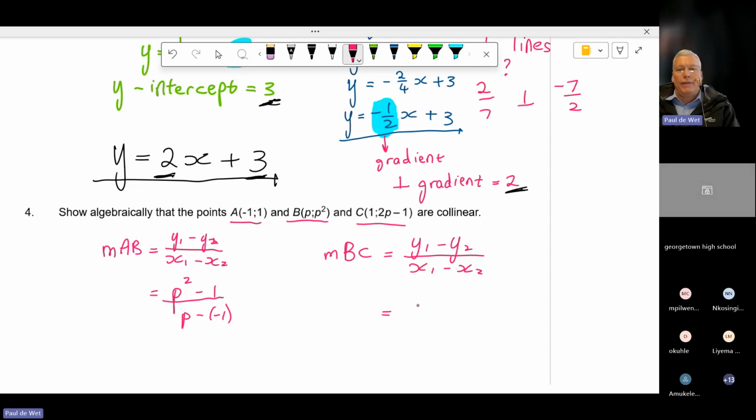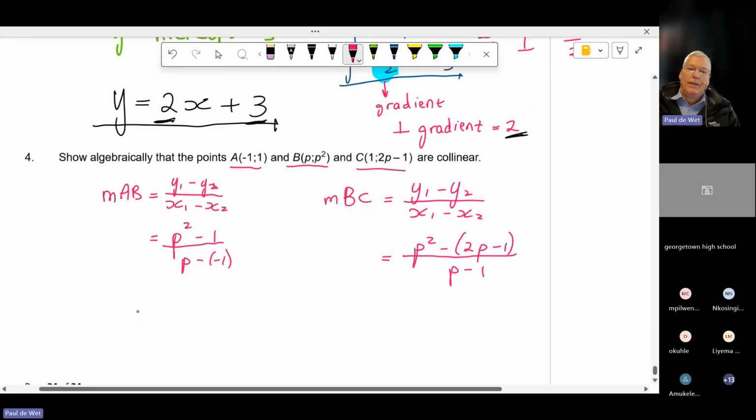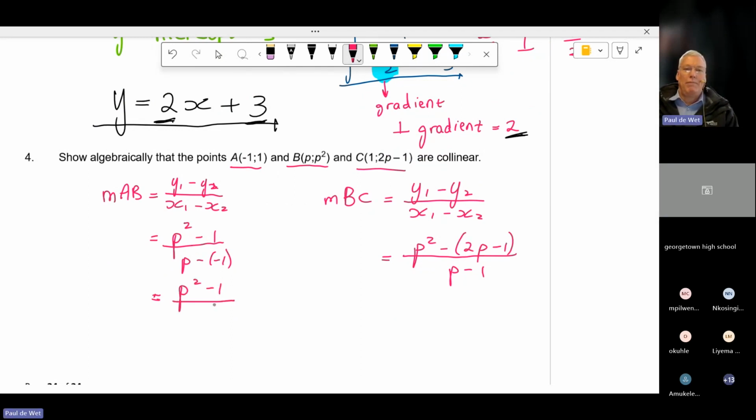p squared minus 2p minus 1 and p minus 1. Okay. This one's p squared minus 1 over p plus 1.